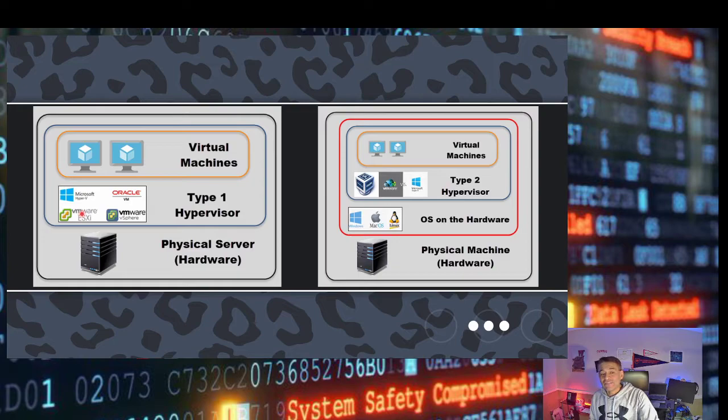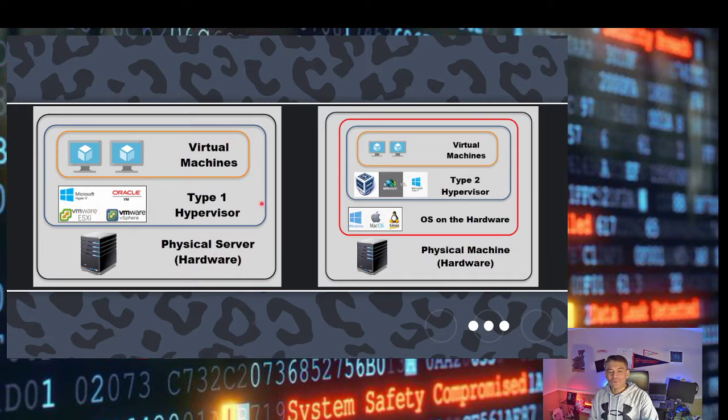That is a very well-known type 1 hypervisor that is used by a lot of companies and organizations to manage their virtualized environment. So you install this software, VMware ESXi, on the physical server or the hardware that was given to you, and then you can deploy virtual machines on top of the type 1 hypervisor.